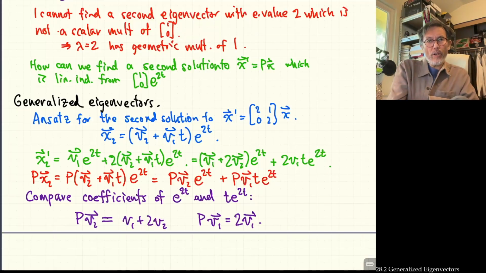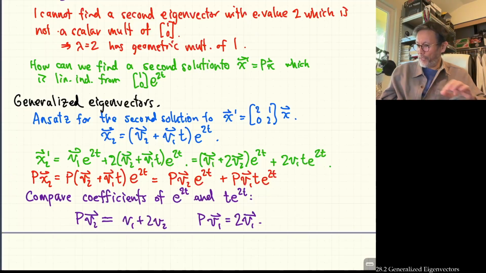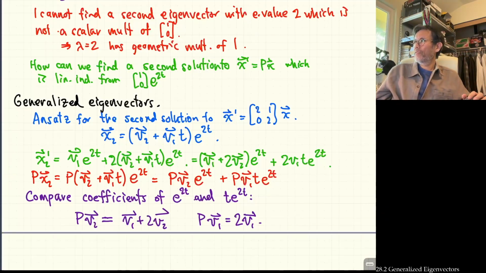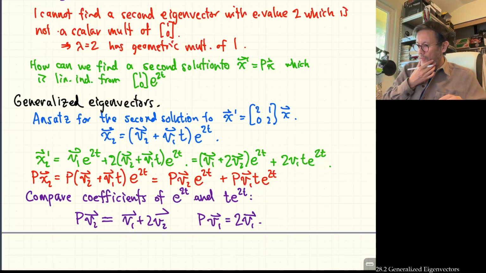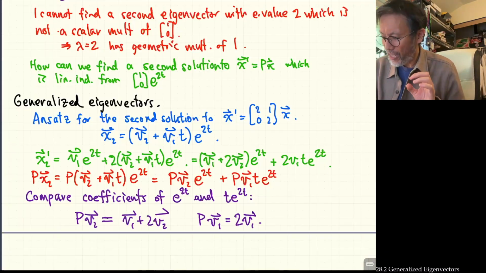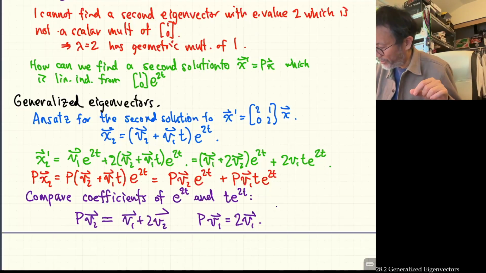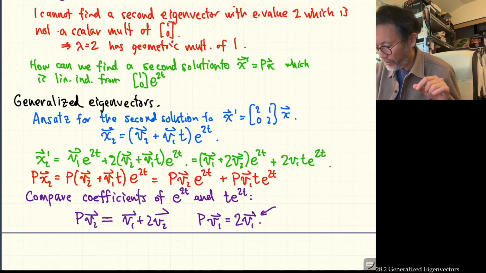Now, one of these equations should be very, very familiar. Which one is it? I think it's this one right here. Yes, it should.